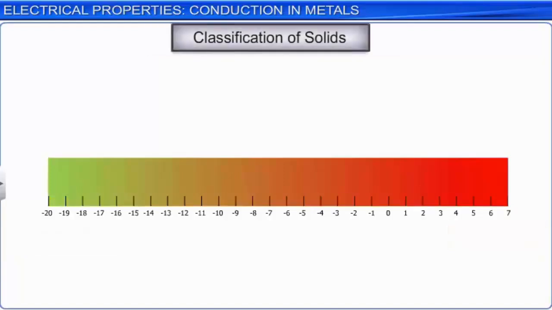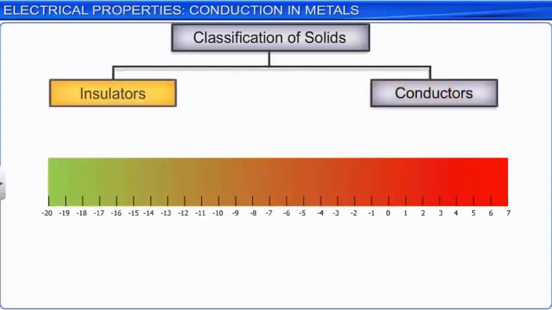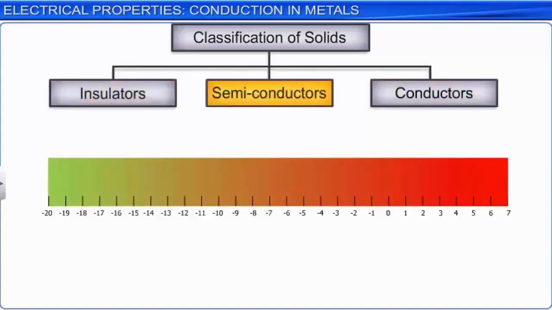On the basis of their electrical conductivity values, solids can be classified into three categories: conductors, insulators, and semiconductors. Conductors have extremely high conductivity values, ranging from 10^4 to 10^7 ohm^-1 m^-1.